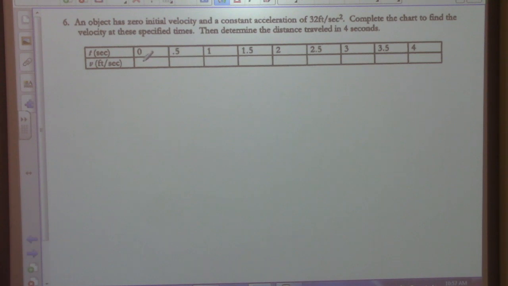What's going to be your velocity at time equals 0 if you drop it? Zero initial velocity, right? So what are your velocities going to be here and here and here? It's acceleration, so it's just 32 feet per second squared.